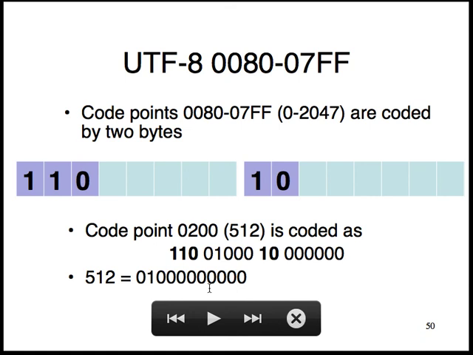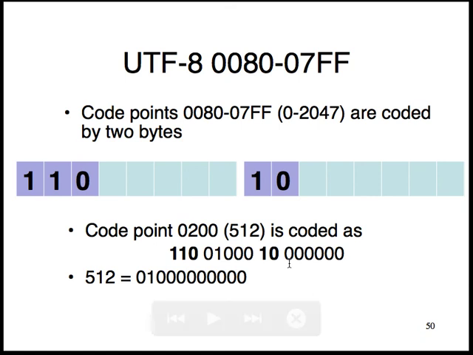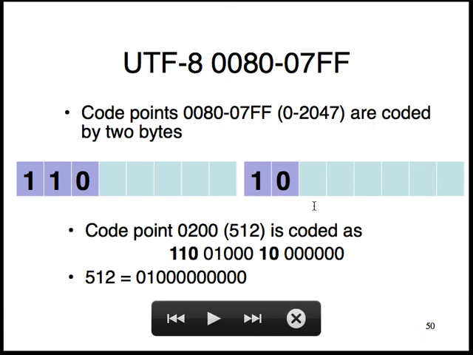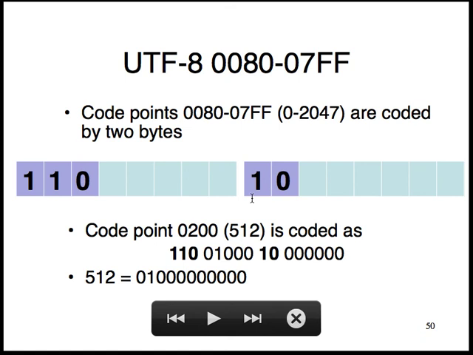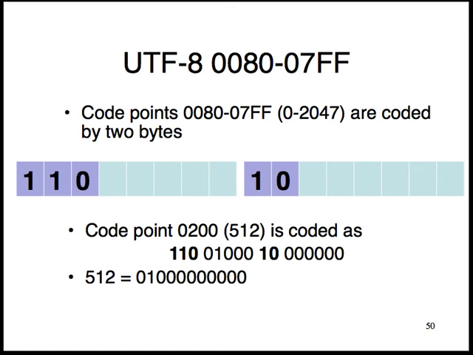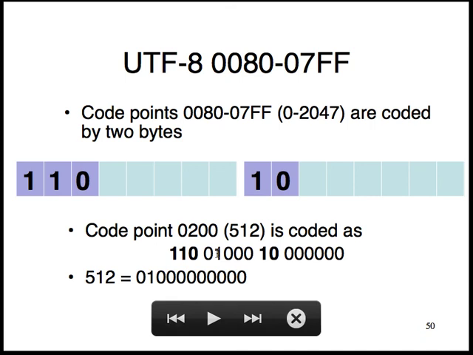Okay, the last 6 bits, so the least significant 6 bits, are the last 6 bits of the second byte. And these 2 bits here of the second byte are always 1, 0. And then the remaining bits fit into the first byte.